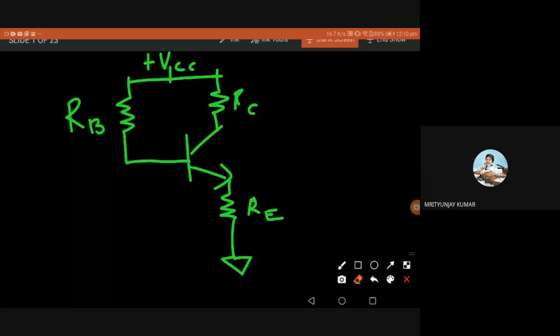Are you able to visualize the concept of feedback?